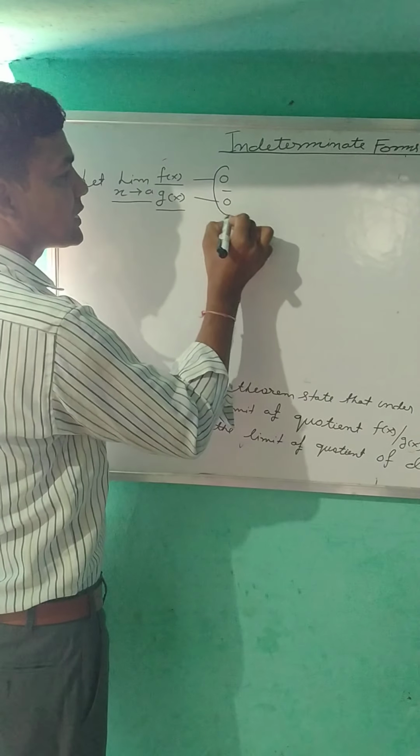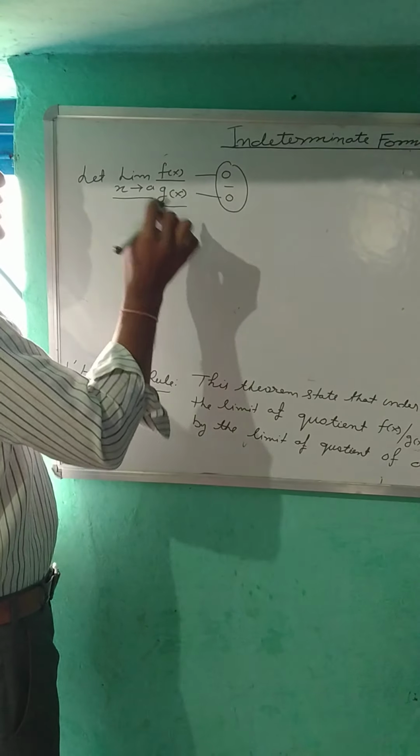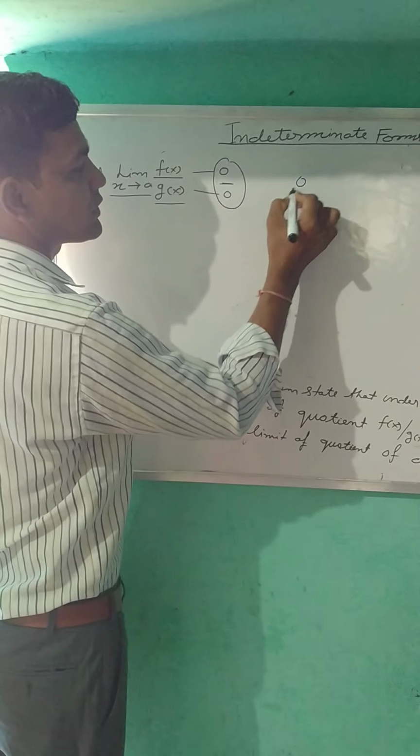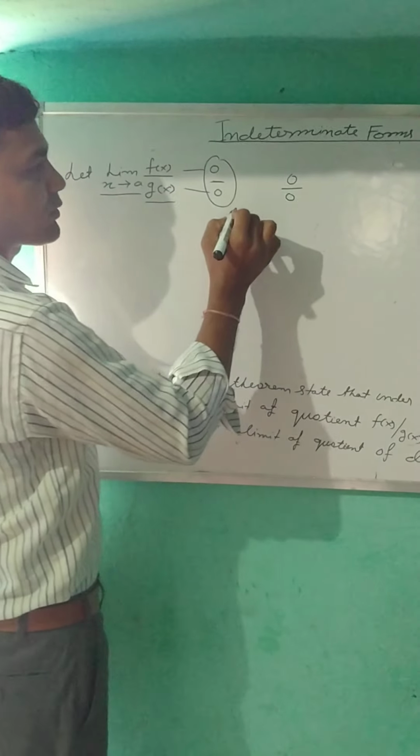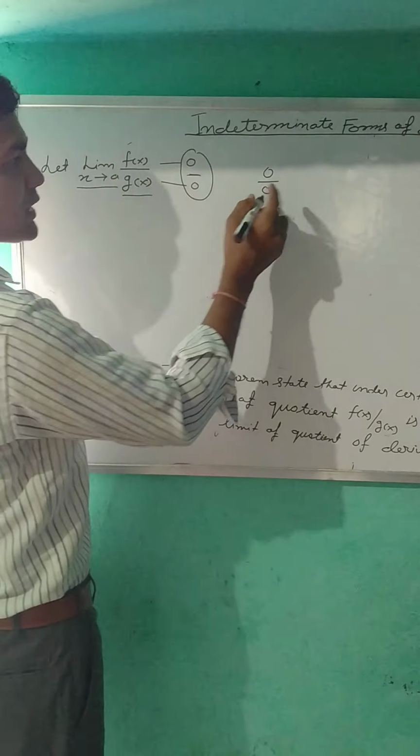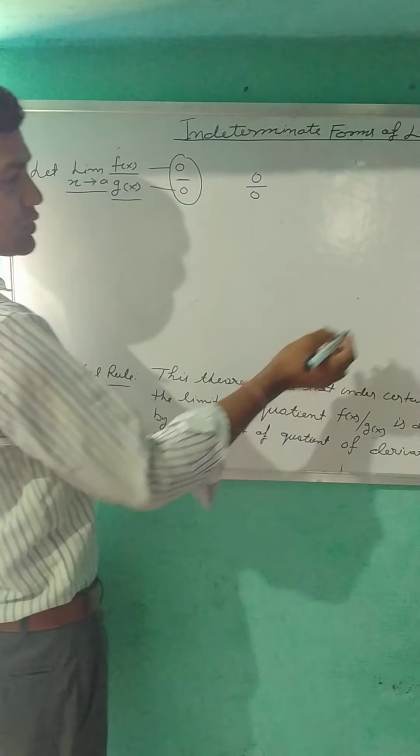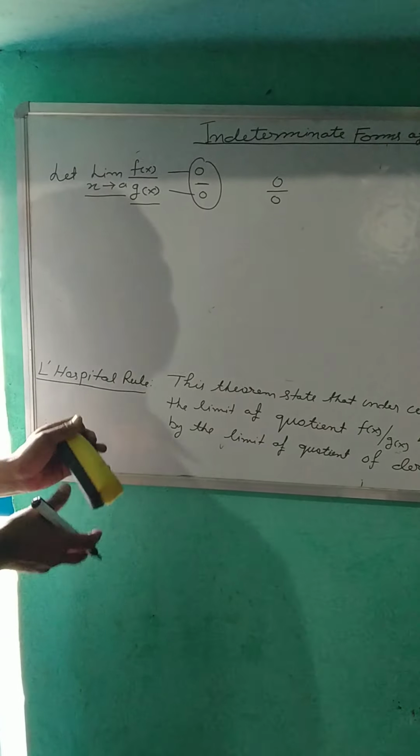In this case, this is an indeterminate form, and we can't solve 0 upon 0 by the direct method. We can't say that 0 upon 0 equals 0, or 0 upon 0 equals infinity, etc.